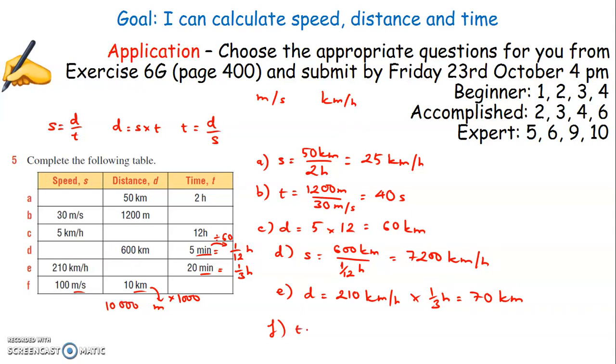To find time, we've got distance, 10,000 meters, divided by speed, which is 100 meters per second. That's going to calculate out to be 100. The unit for time is seconds, so 100 seconds.